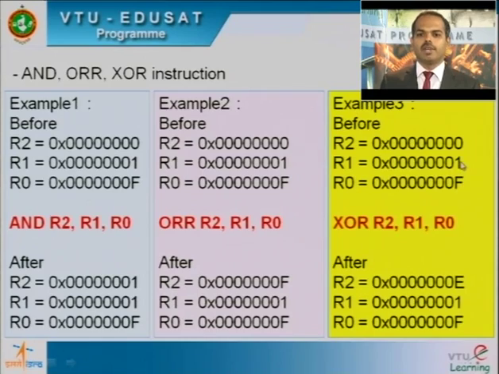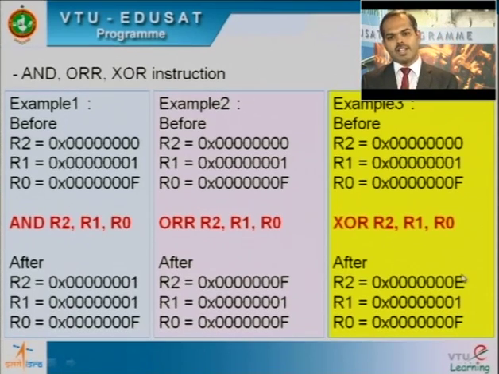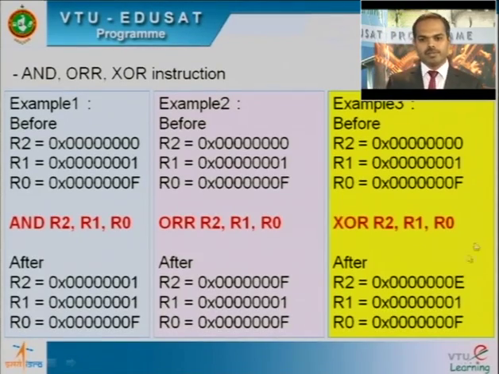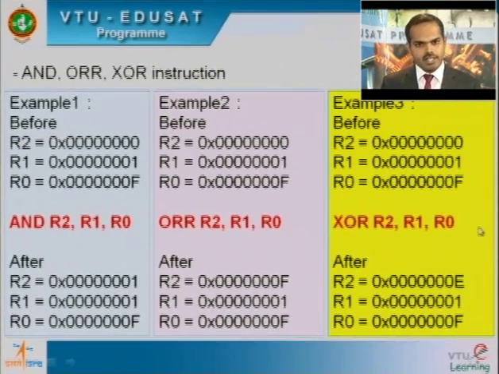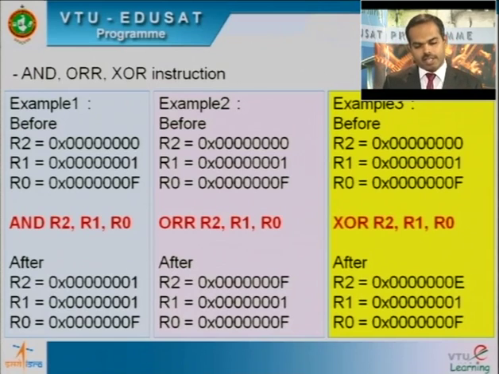Hence, when we do XOR on R1 and R0, the result is E, because the LSB of both registers is 1, 1. So the LSB of the resultant register holds the 0 value. Hope this is clear. This is an example with an understanding of basic logic gate operations.